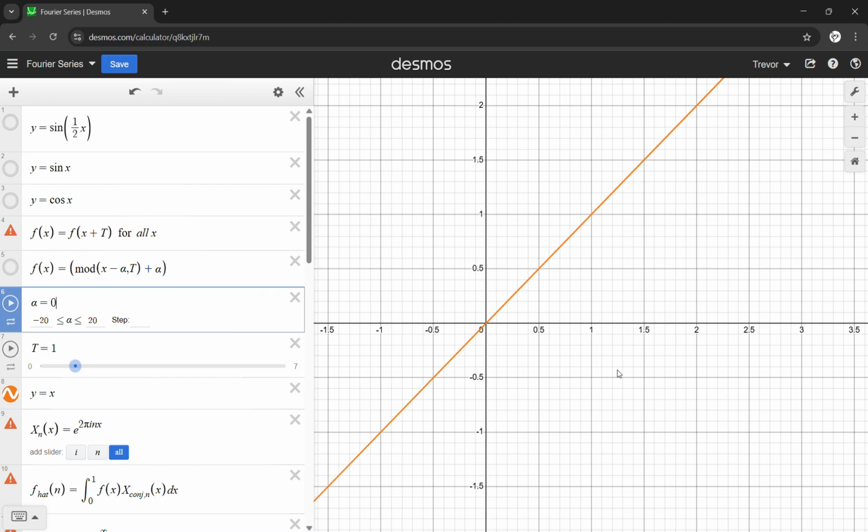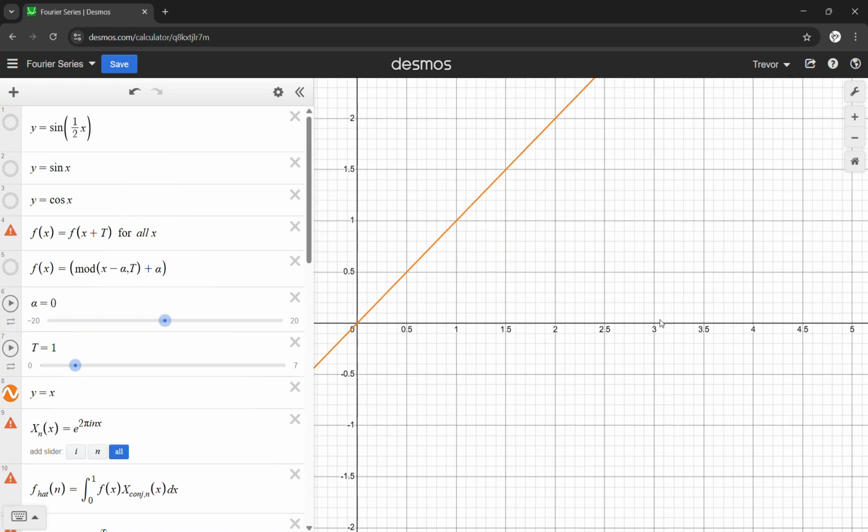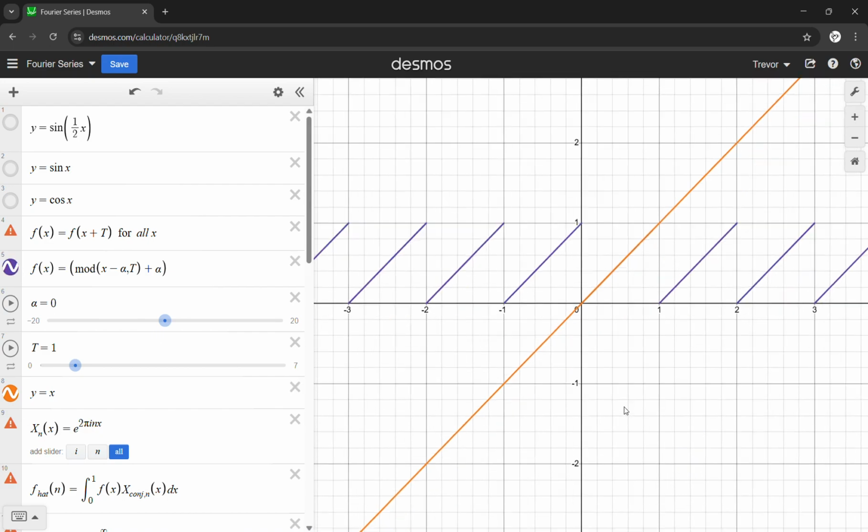And once we have that little bit of the graph, we can copy paste that onto 1 to 2, 2 to 3, 3 to 4, and over again. And what that looks like is going to look like this.